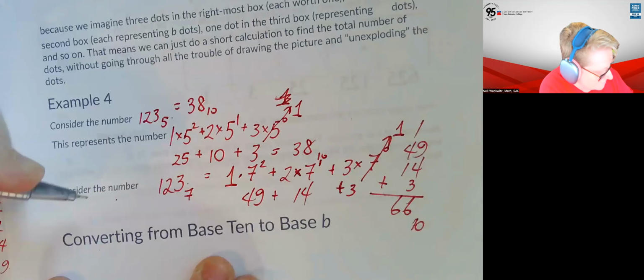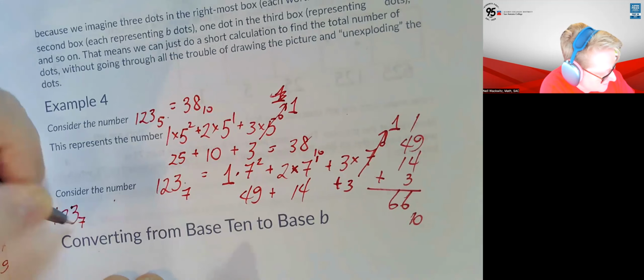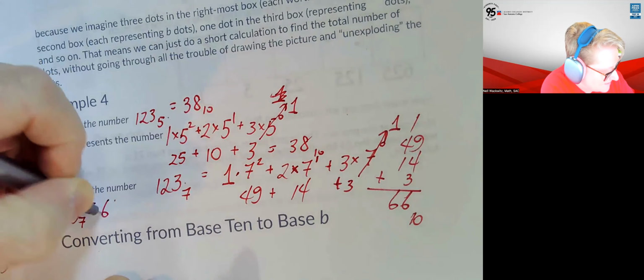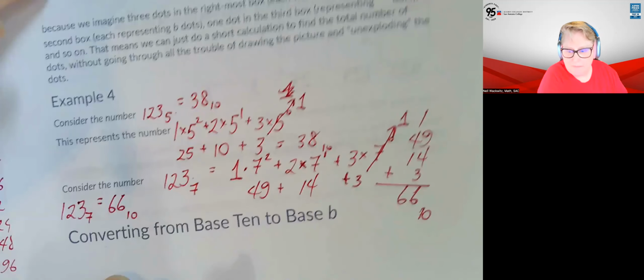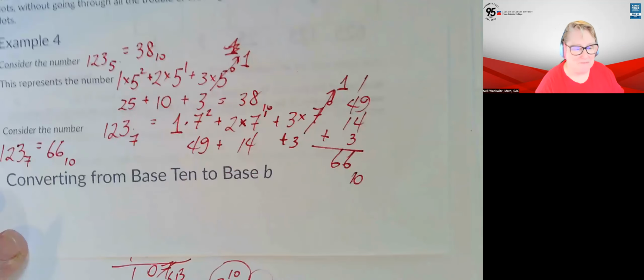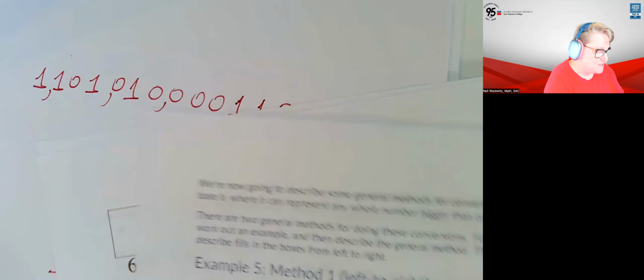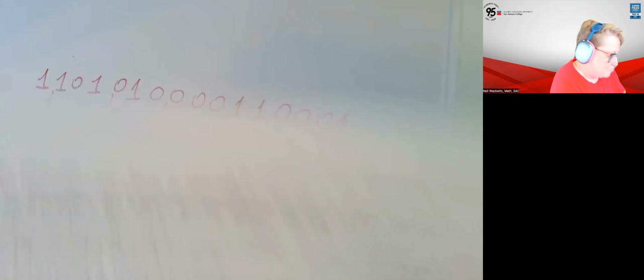That means that 123 base 7 is equivalent to 66 base 10. Does that make sense? Awesome. If we're going the other way, well, that's just what we were doing with base 2. Most bases are easier than base 2.